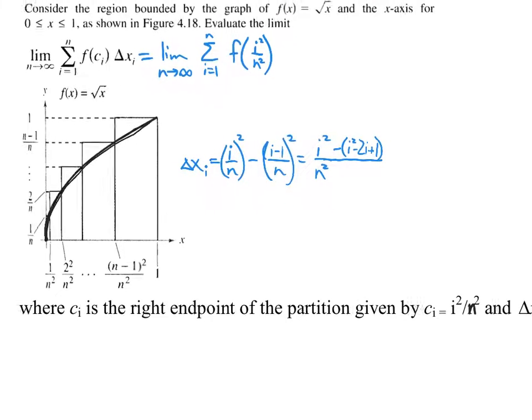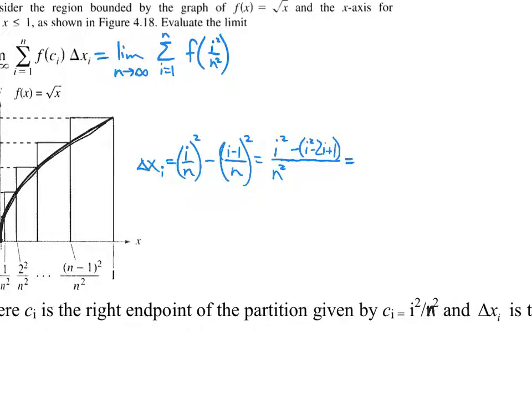So notice we have 2i minus 1 over n squared. That's our delta x sub i. That's what I need to multiply by up here, so we have 2i minus 1 over n squared.